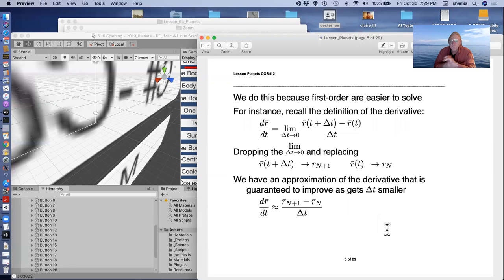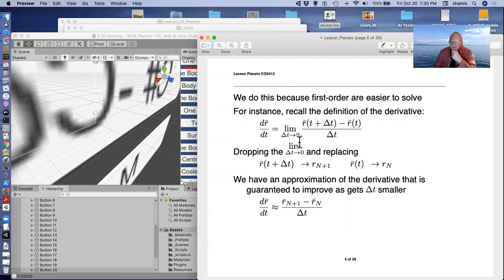Now, the reason we do this is because first order equations are easy to solve. From the definition of the derivative, the limit as delta t goes to 0 of r at t plus delta t minus r at t over delta t.